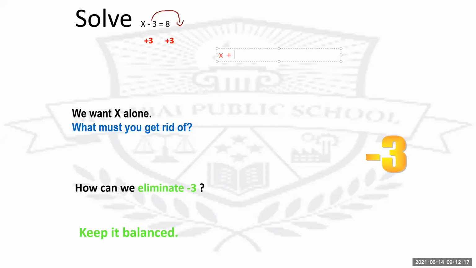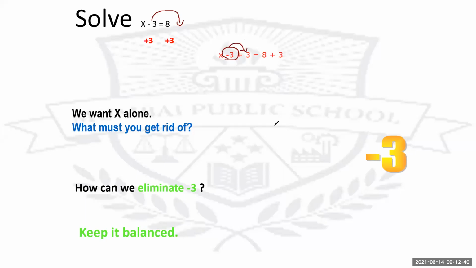Sorry, it's x minus 3. You're adding plus 3. Why did I add plus 3? Here it is -3.